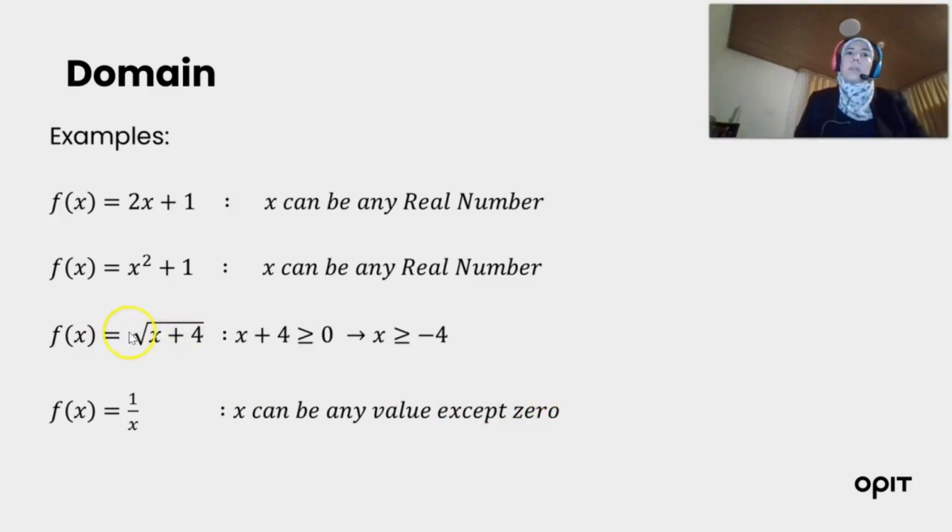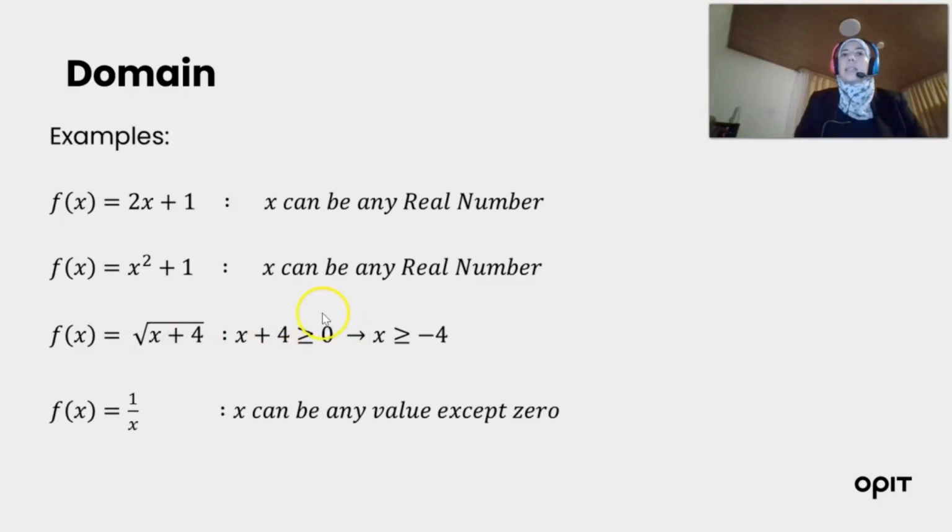Okay, let's go back to this one, square root of x plus 4. I would like to guarantee x values such that x plus 4 is positive or 0, since root 0 equals 0. So I would like to choose x such that x plus 4, the whole term under the root, is greater than or equal to 0.